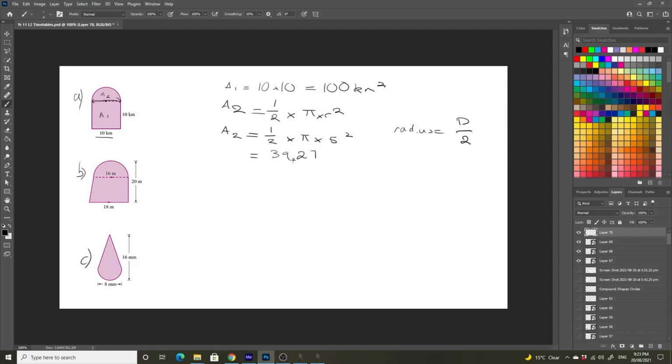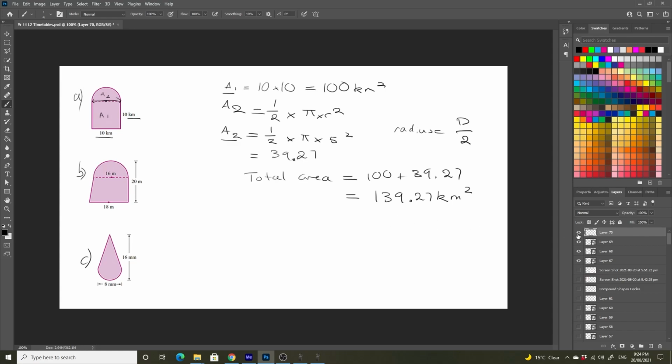Now, to get the total area, we simply add A2 and A1 together. So the total area is going to be equal to 100 plus 39.27, which is equal to 139.27. Check the units, it's kilometers, so area is kilometers squared.